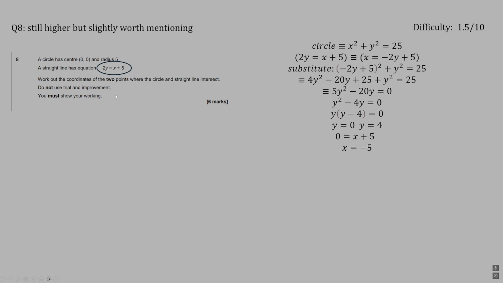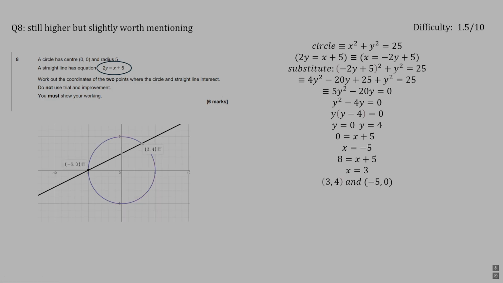You get both your x values just from this. It's just, probably would not get this many marks. You probably only get 5 for this in a GCSE, but Further Maths is a lot more giving with the marks. Alright, and you can see here we got our points.